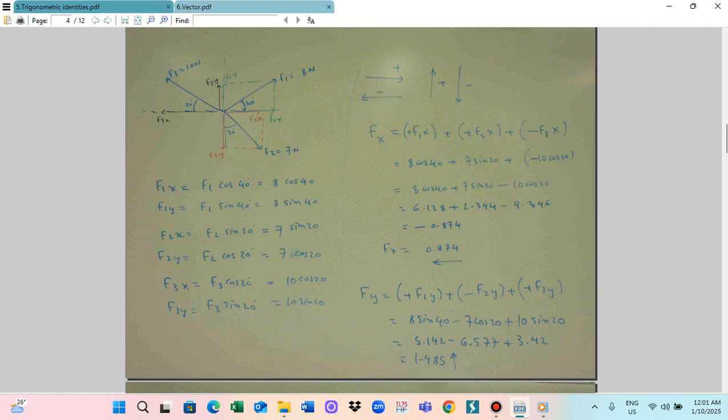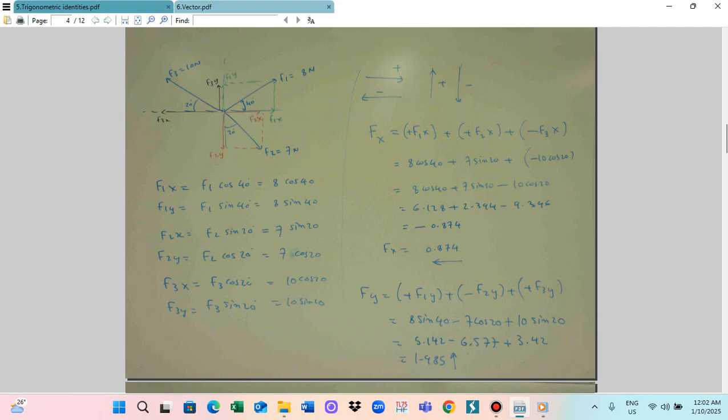So then we can set up Fx. Fx is equal to F1x, which goes to the right side, so positive F1x. Similarly F2x, also right side, so positive F2x. But F3x goes to the left side, so you have to put negative F3x. Those you have to add.